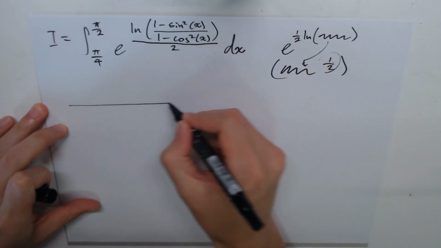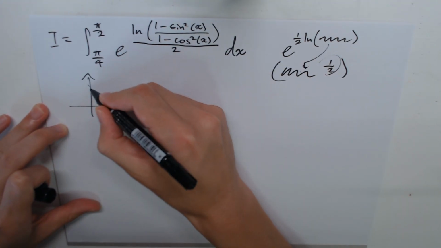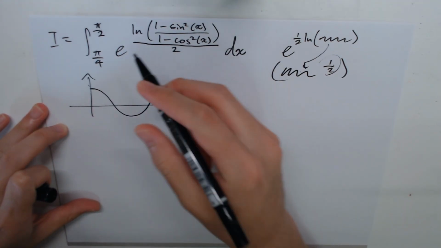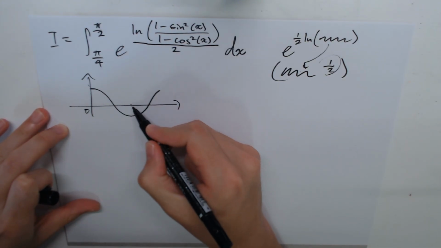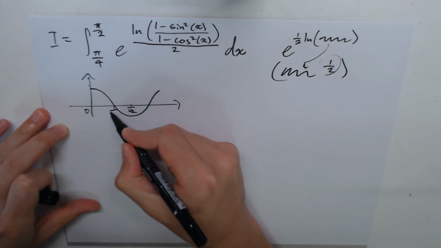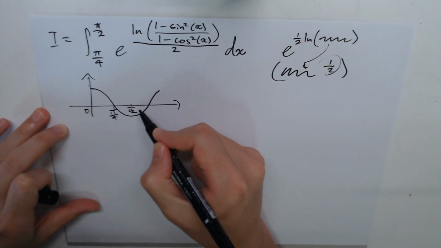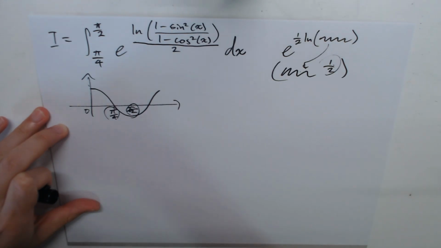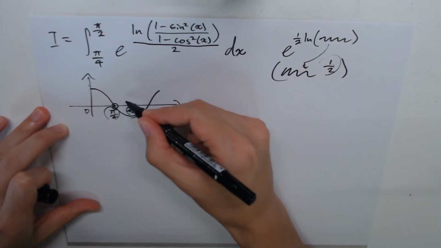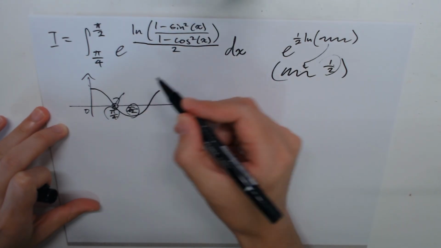Because cosine is something like this, so say it's 0, and there's pi over 4 here, pi over 2 here. So here it is 0, but that's honestly fine, doesn't really matter.